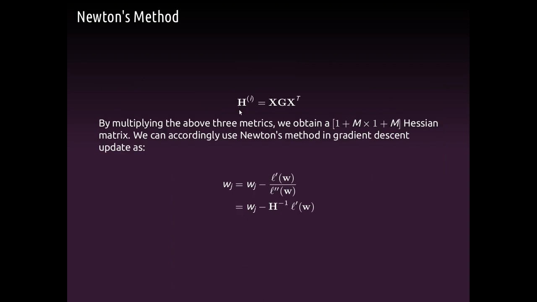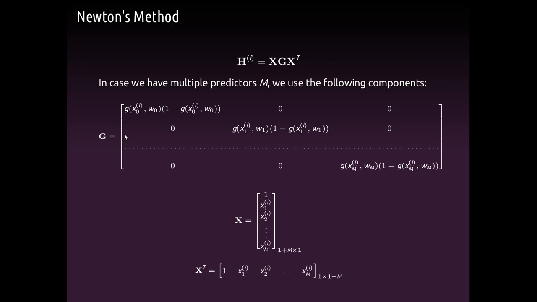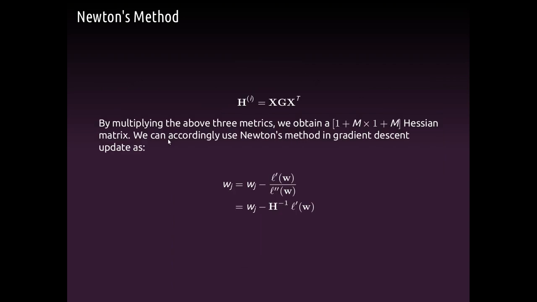And once you obtain all of these three definitions, the X, G and X transpose, you can easily compute the Hessian matrix by multiplying X by G by X transpose.